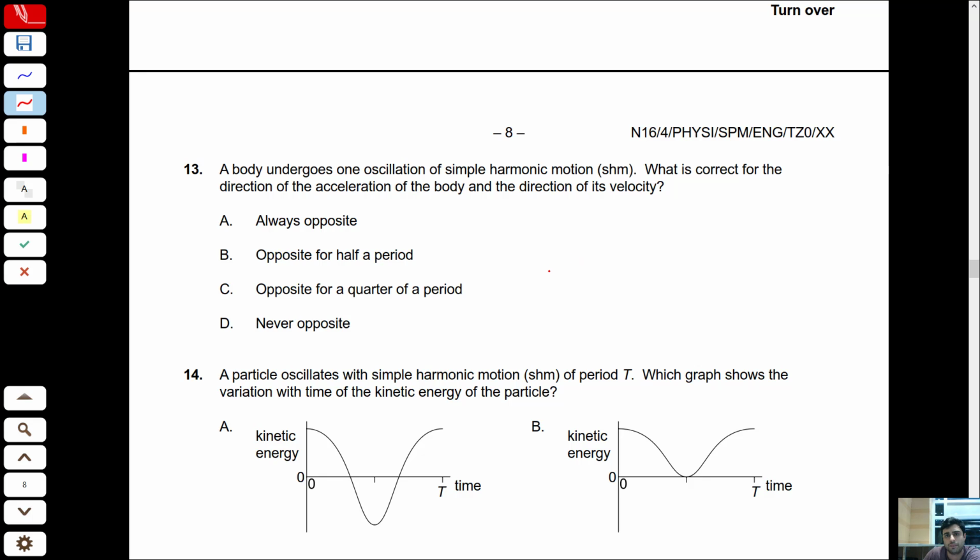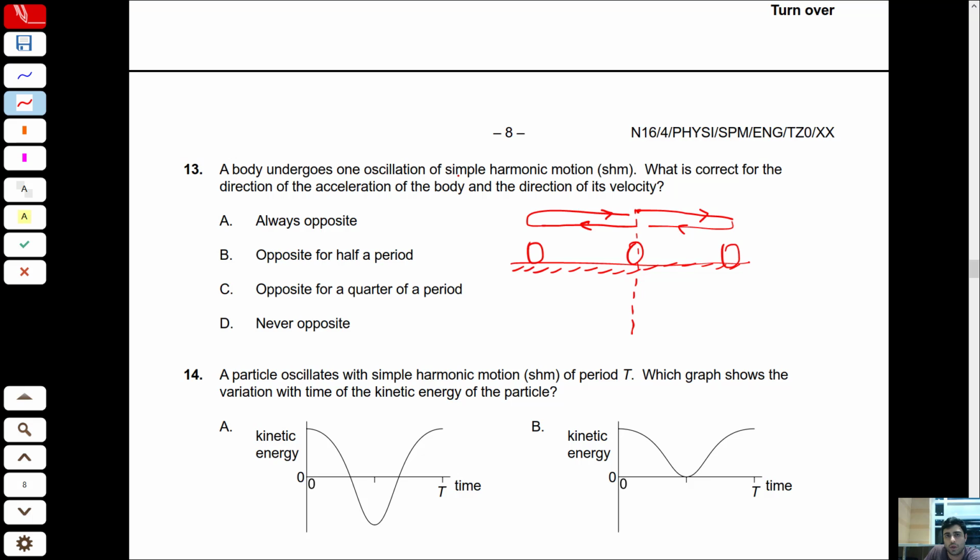So imagine this is the ground, and you have a ball here. Call this the equilibrium mean position, and then probably we start from here and go there, and come back. So it's performing simple harmonic motion, and then comes back there.